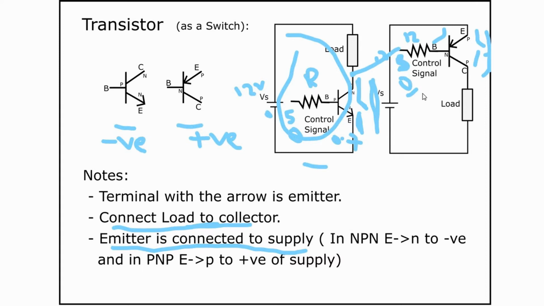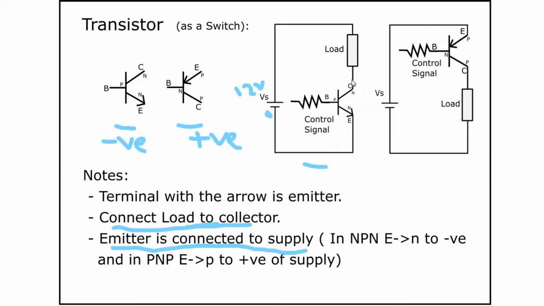Now let's see how this works. We are going to connect this to this point. Let's see how this level shifter will work. I'm going to use an NPN transistor to shift the level from 5 volts to 12 volts to turn a PNP transistor on and off. Now let's assume I have given 0 volts here. If I give 0 volts here, this junction does not get forward biased, so this transistor is off.